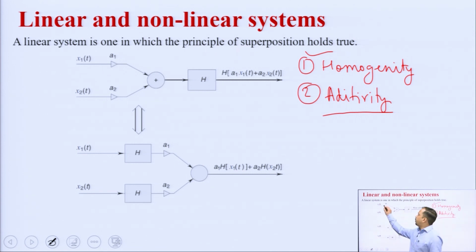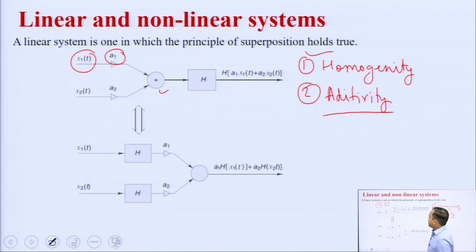If the input x is multiplied by a constant a, then the output should also be multiplied by the same factor a; that is called homogeneity. And what is additivity? Additivity means that if corresponding to input x1 we have output y1, and corresponding to x2 we have output y2, then x1 plus x2 will give rise to y1 plus y2.